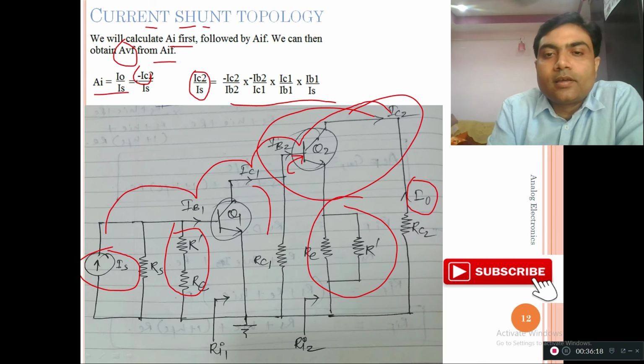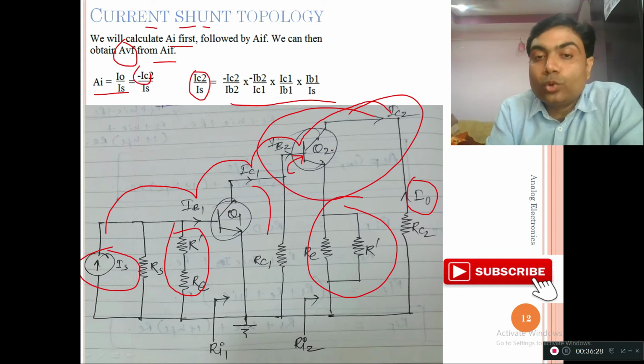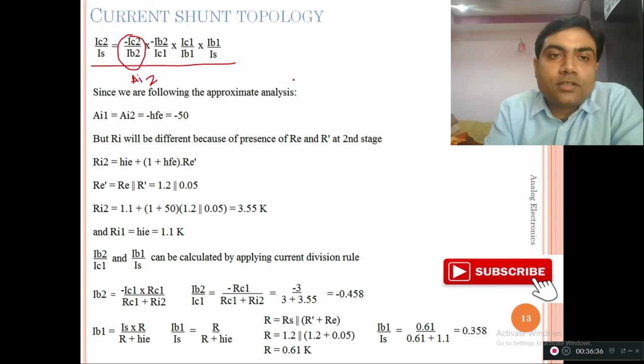Why? Because this is directly related to the input and output terminals of Q2. So if I determine IC2 upon IB2, I am directly determining the gain of Q2. And what about AI1 then? AI1 is nothing but IC1 upon IB1. So this third logic, IC1 upon IB1, is AI1. Let me write this as AI1.